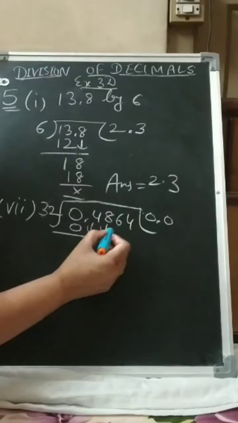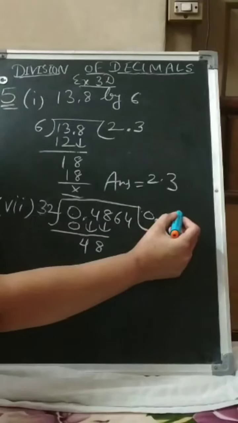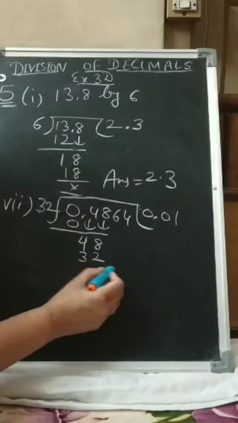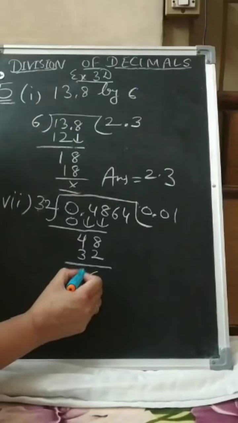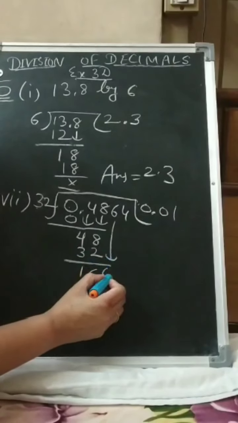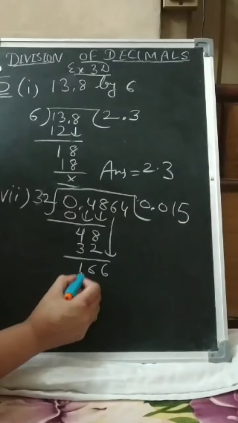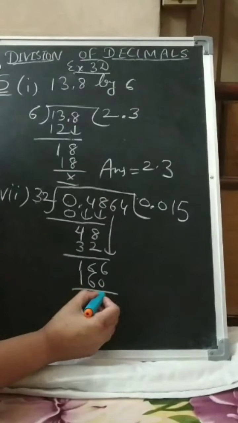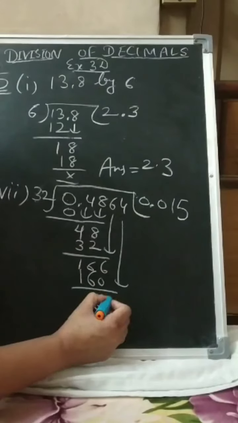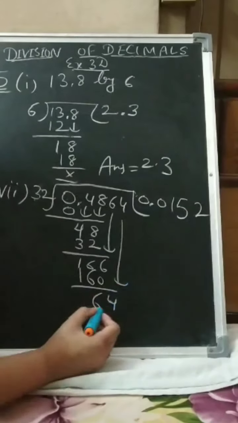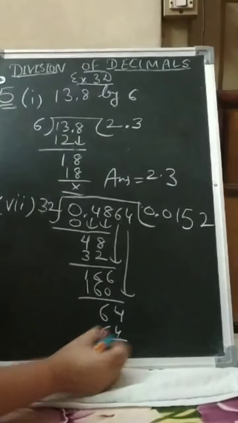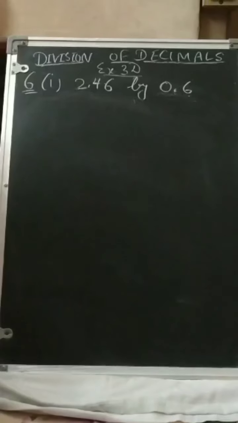Then we can take this 8 down. Now 32 1s are 32, minus, this 6 we can take down. Now it will go with 5. What will come? 160. Now 6. Now this 4 we can take down and it will go with 2 and this is your answer.